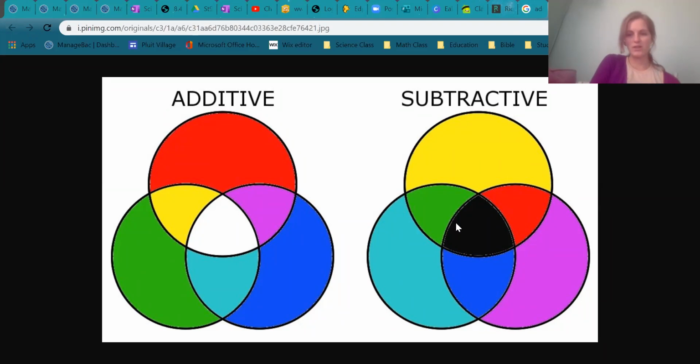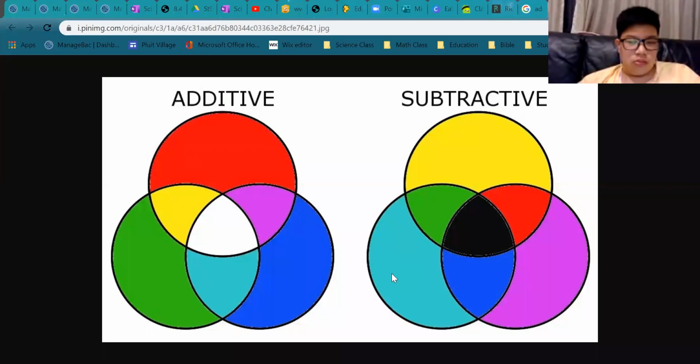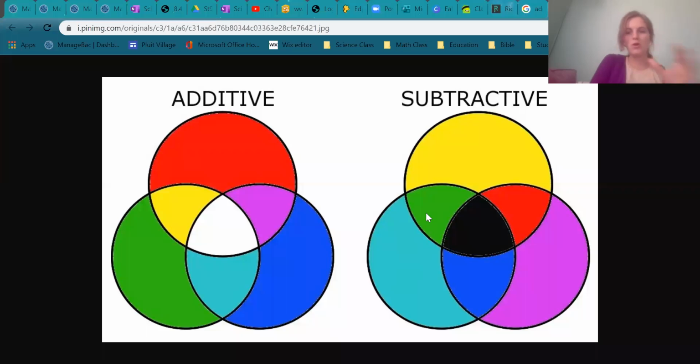So just kind of expanding on it a little bit. Subtractive colors are the colors that are absorbed. So that means if you have paints and you mix yellow and blue, they will absorb all the colors except for green, and that's what it will reflect back to you. Whereas if you have additive colors, this is the light itself.